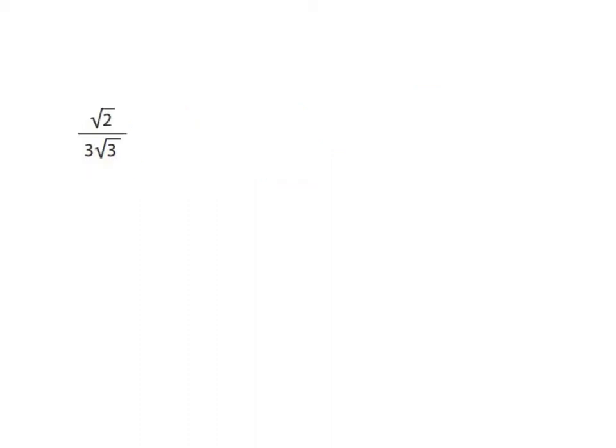All right, here's another one. Moving along. So I'm going to multiply again. I'm going to multiply times the radical only that's in that denominator. So square root of 3 over the square root of 3. So as I multiply, I end up now with the square root of 6, because remember they have the same index, so I can multiply those.